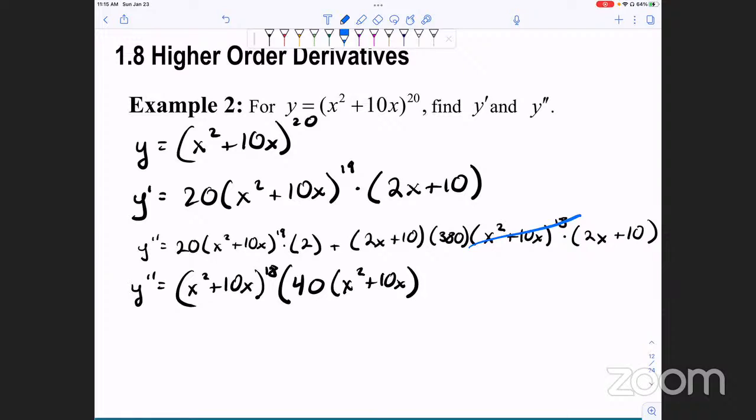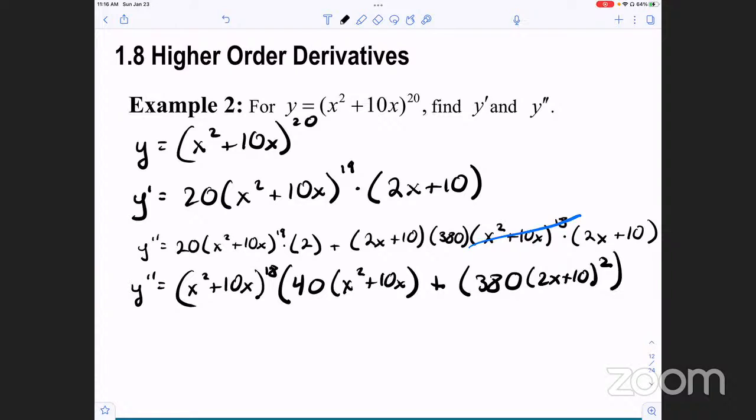That 2x plus 10 squared left over. Plus 10 squared. And I think that accounts for everything. Times 380. And I think I need one more set of parentheses. 1, 2, let me see. Open, open, close, open.